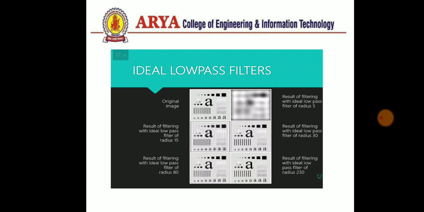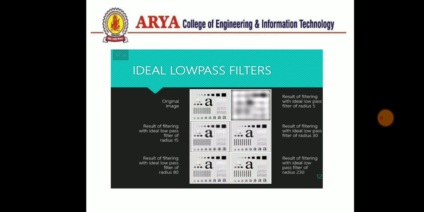The first diagram denotes the original image, which is the input image to our data, and the second is the result of filtering with an ideal low pass filter of radius 15. When the noisy data is added to our original image, and we apply the ideal low pass filtering over this image with a radius of 15, we get an image like this.